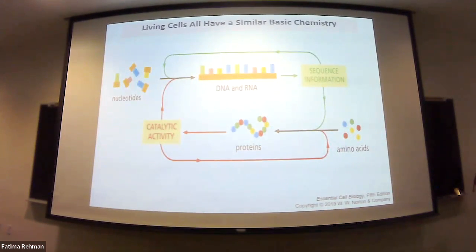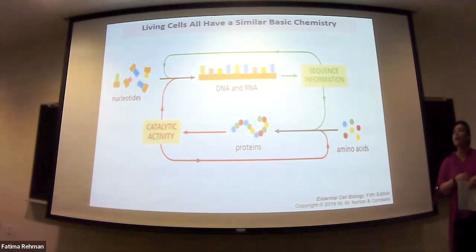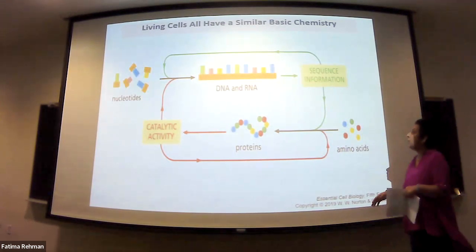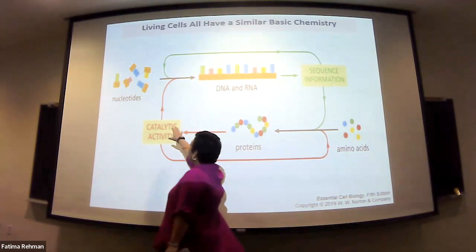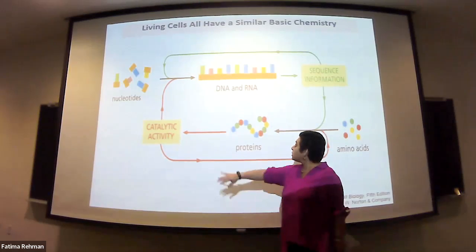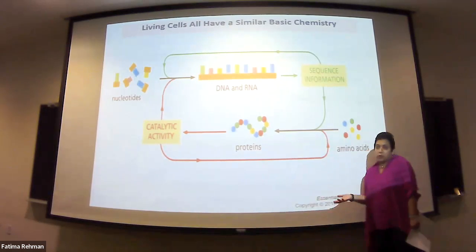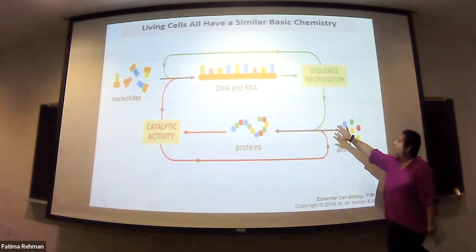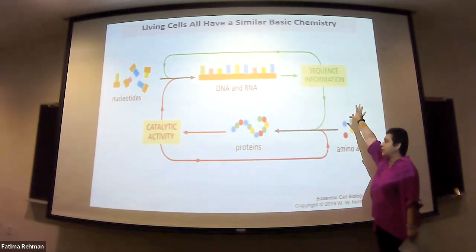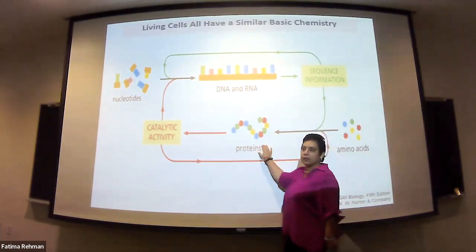Looking inside the cells, even though they are all so different phenotypically, or in how they look, internally they all have the same structures and the same basic subunits. They will have nucleotides that create the information transfer systems in the form of DNA and RNA. This is an information storage system essentially, right? And this sequence information is then utilized by amino acids to create proteins, right?